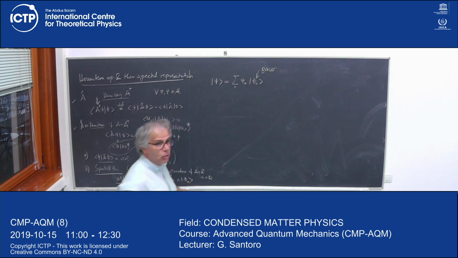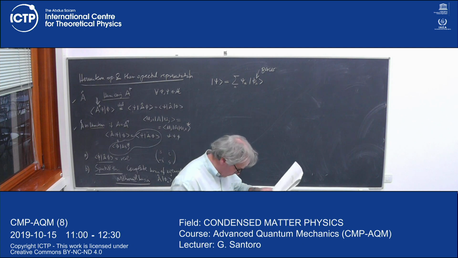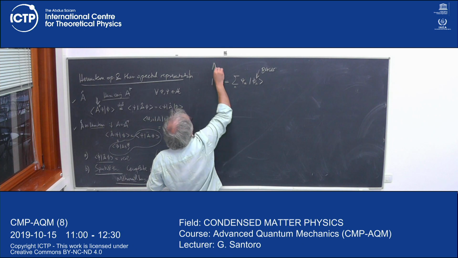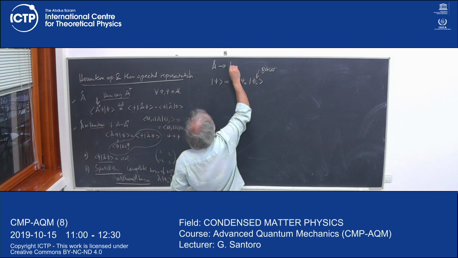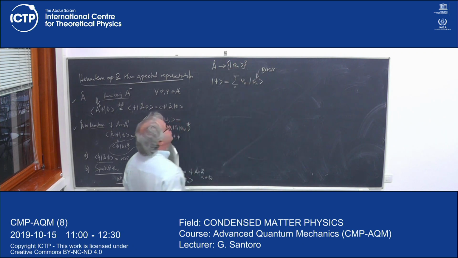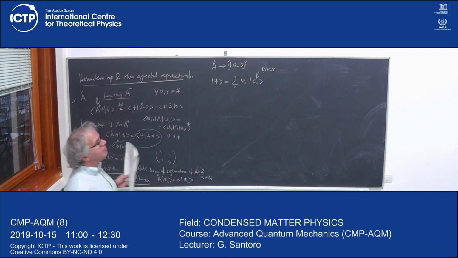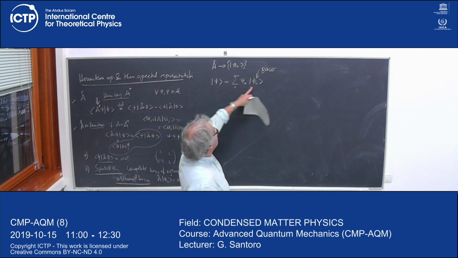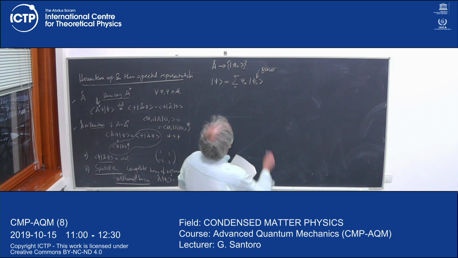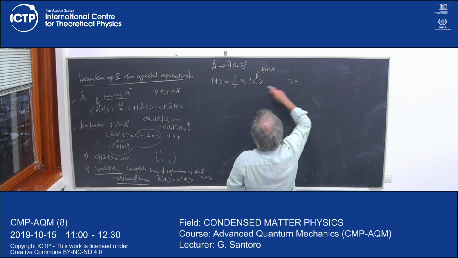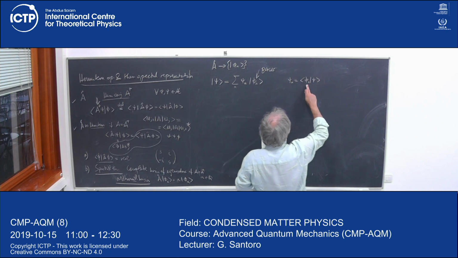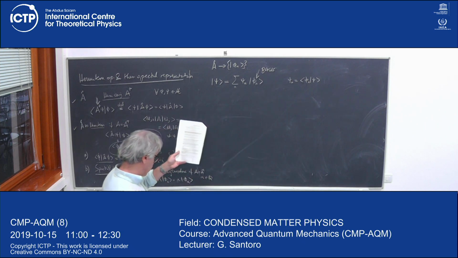Before I was calling it U. Now I assume that I have some basis, for instance, of orthonormal eigenvectors of A, the phi n that I discussed just a moment ago. I use it as a basis in the Hilbert space, and I can express any vector. And I know that psi n, the component, is nothing but the projection on the element phi n of the vector psi. Okay?